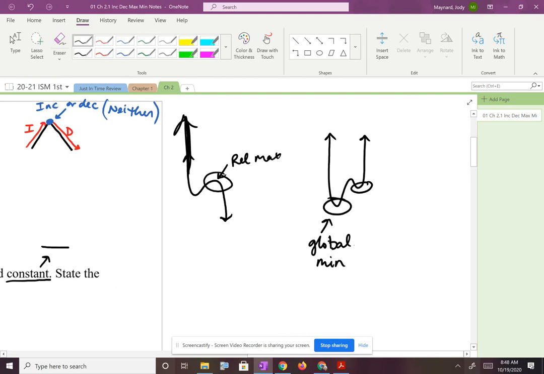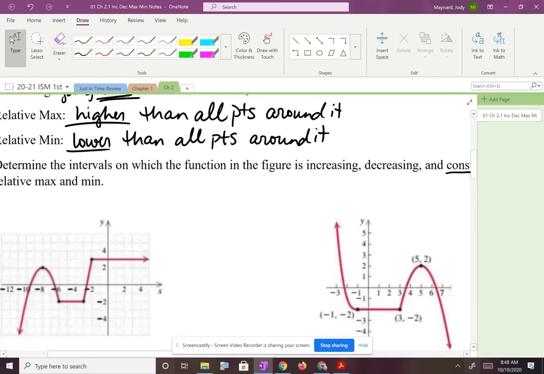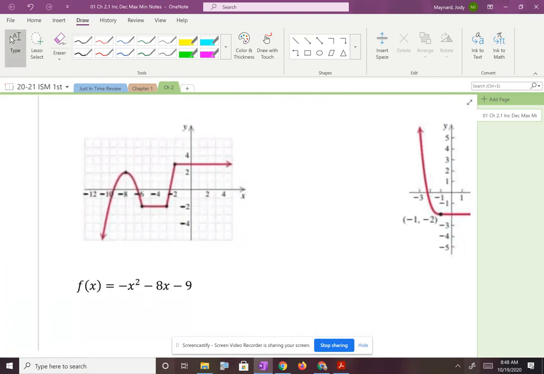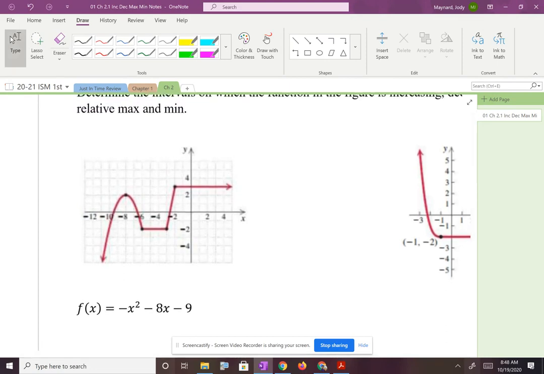So global is also a relative, okay, but relatives are not globals. Think about global as entire everything, right? Relative is just within this little bubble that we're going to draw, okay? So here we are going to do increasing, decreasing, maximum, and minimum, right? Increasing, decreasing, max, min.